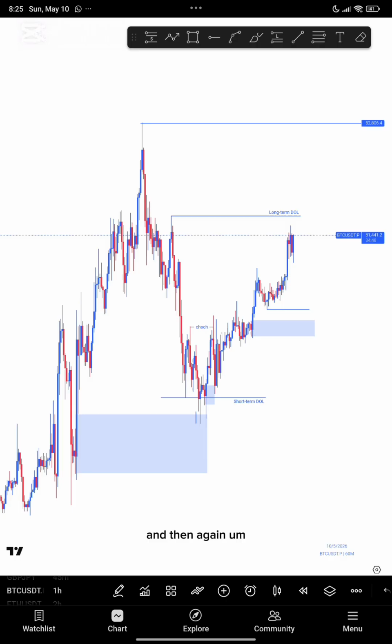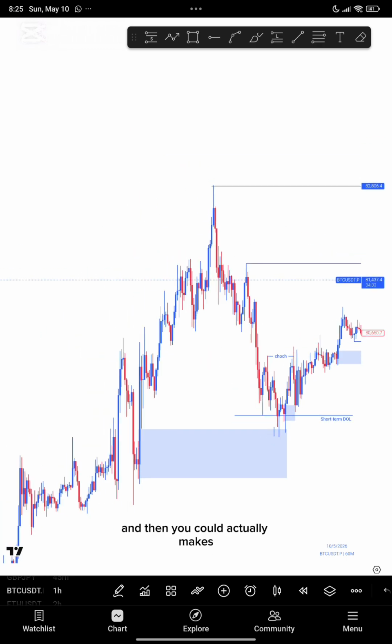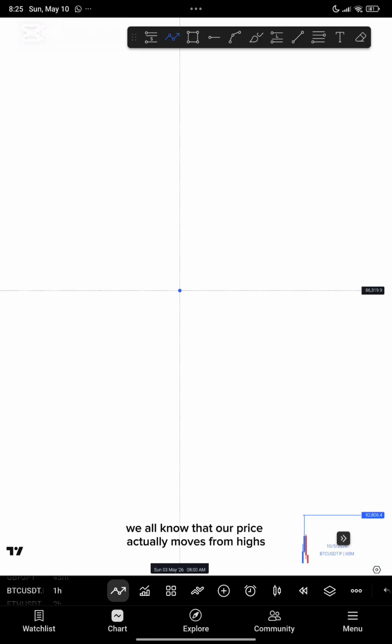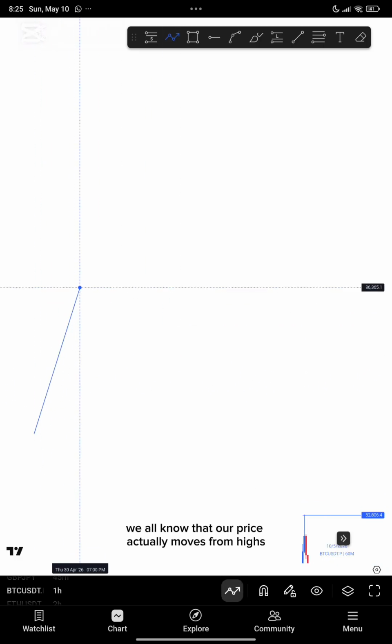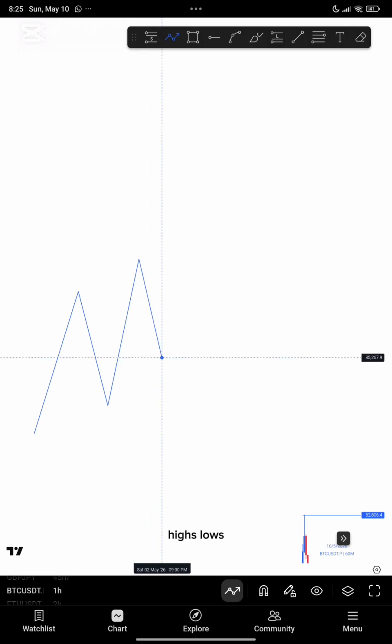And then again, for it to have a precise DOL, apart from the fact that price will react from a key level, price could also react from a range and then give you your DOL, and then you could make money from it, in the sense that we all know that price moves from highs, lows, highs, lows.